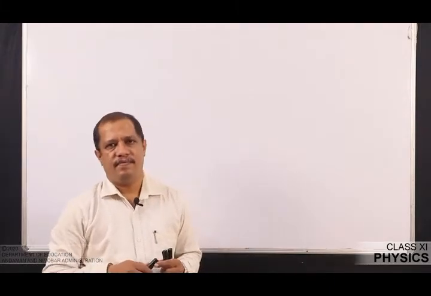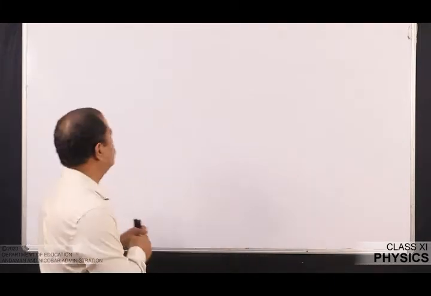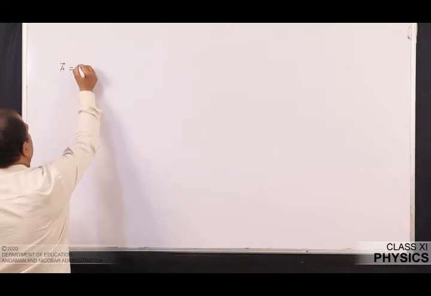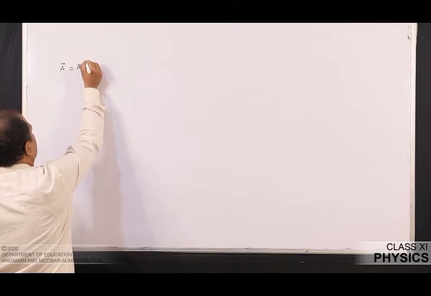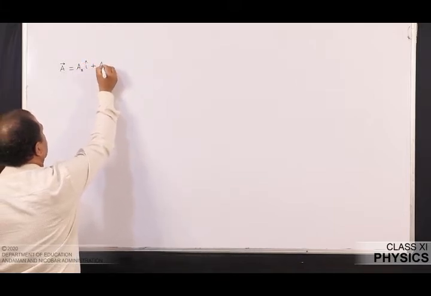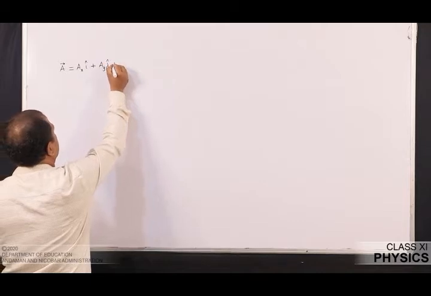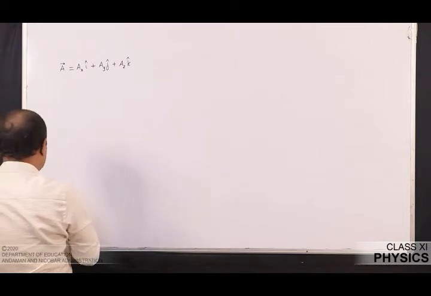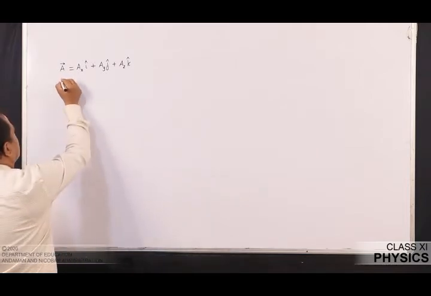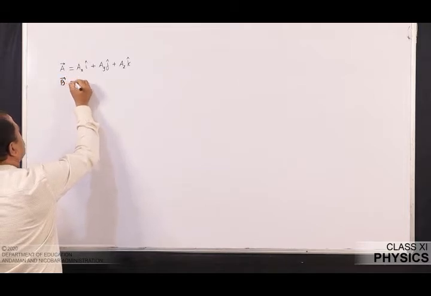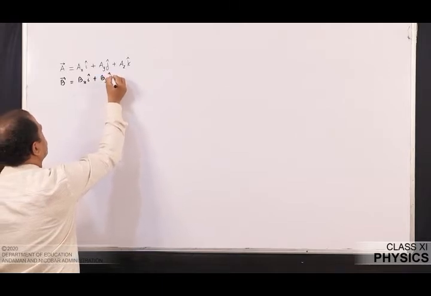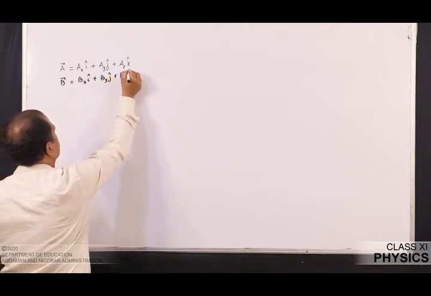Okay, let us verify the commutative law by taking a problem like this. Let me say that I have a vector A which is given as Ax i plus Ay j plus Az k. And let me say that I have another vector B which is equal to Bx i plus By j plus Bz k.